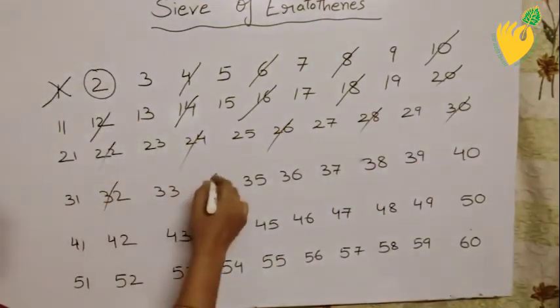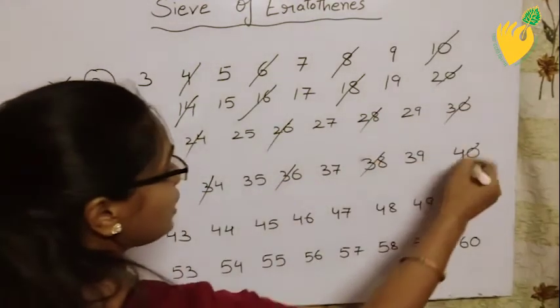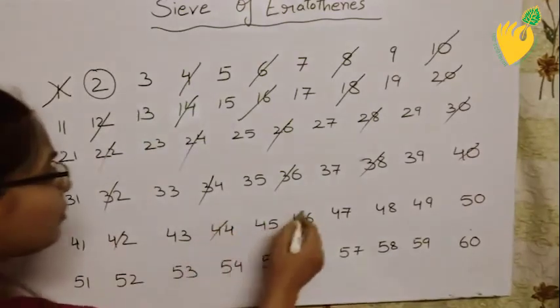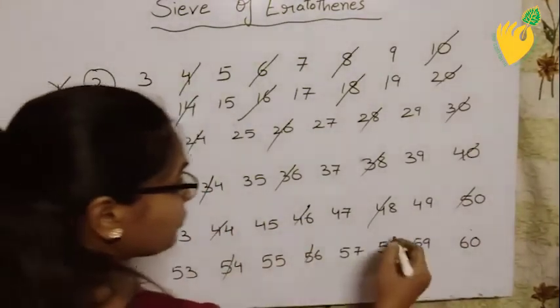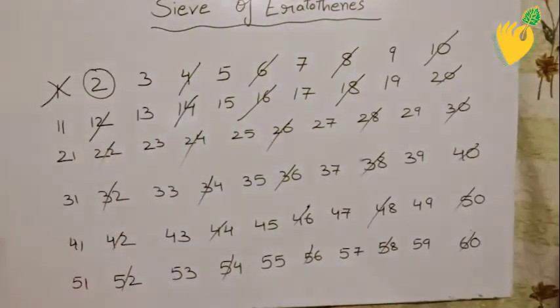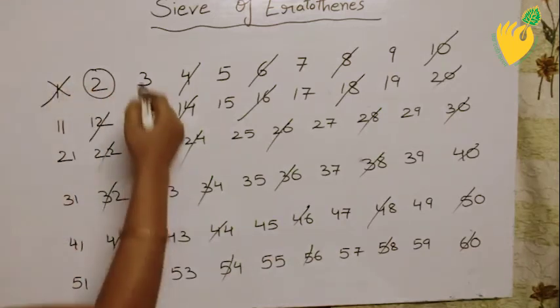Students, you can cut all the even numbers because all the even numbers are divisible by 2. I have written till 60. You can write till 100 or more than 100. Now, which is another number, students, which is not crossed out?